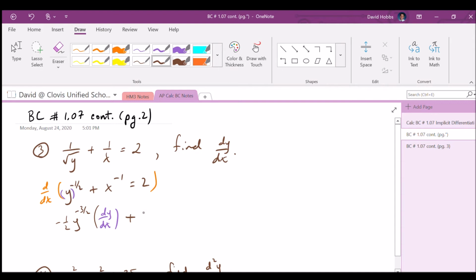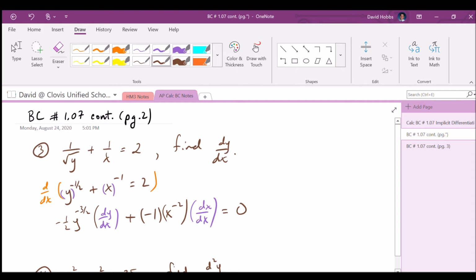So we've got negative 1 times x to the, what's 1 less than negative 1? Negative 2 times the derivative of the guts. What's the guts here? The guts here is just x to the first. And what's the derivative of x with respect to x? It's just 1. Equals derivative of 2, derivative of a constant, 0.